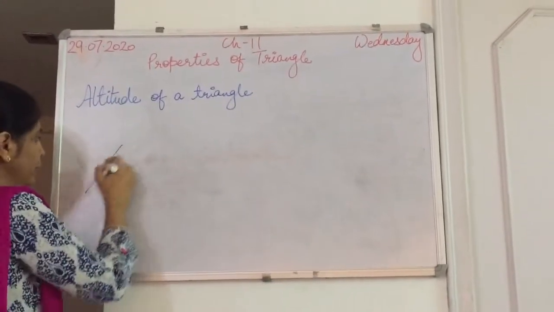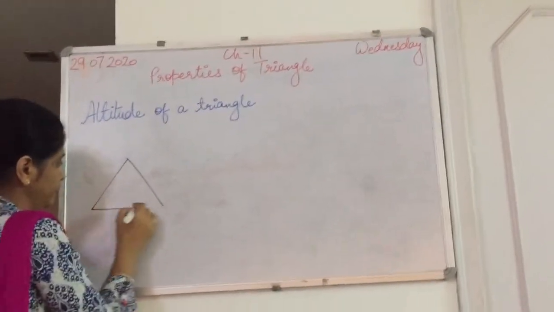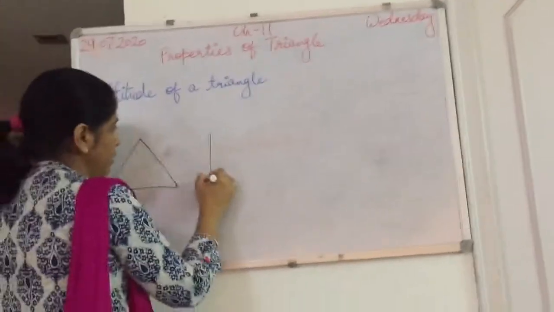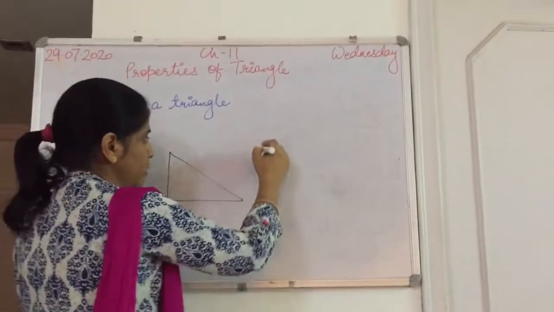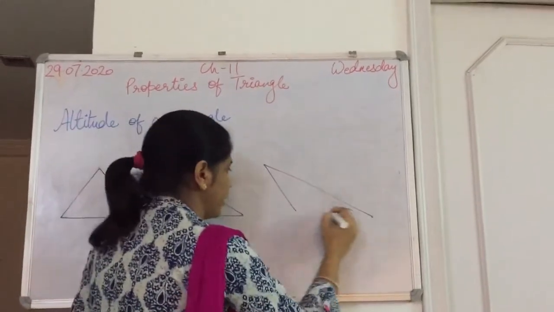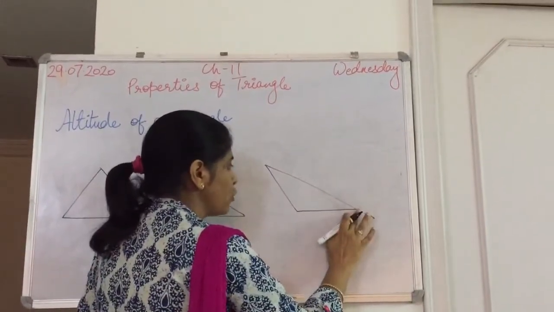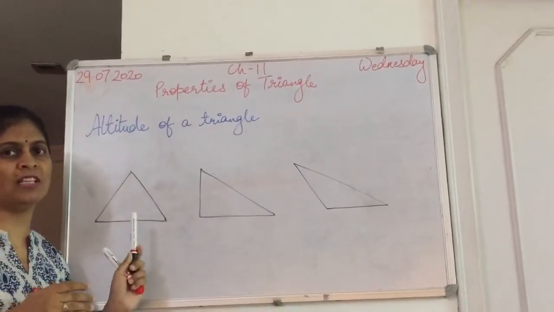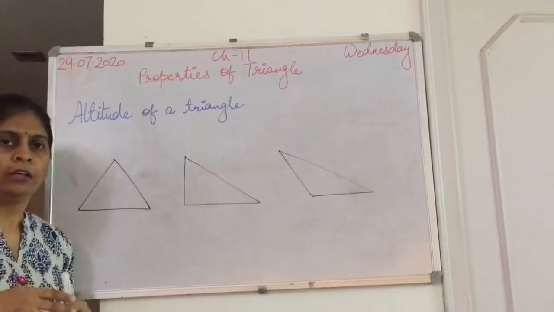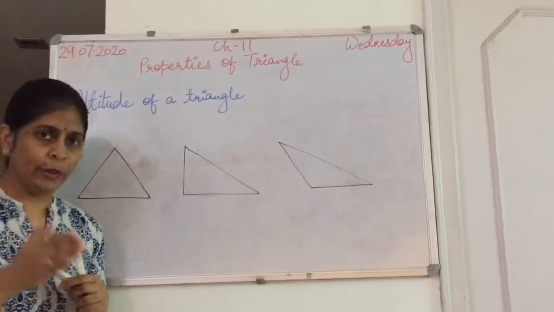I have drawn one acute angle triangle, then a right angle triangle, and then an obtuse angle triangle, because it is based on angles. Clear? Whereas median is based on the sides, because it breaks the opposite side into two equal parts.